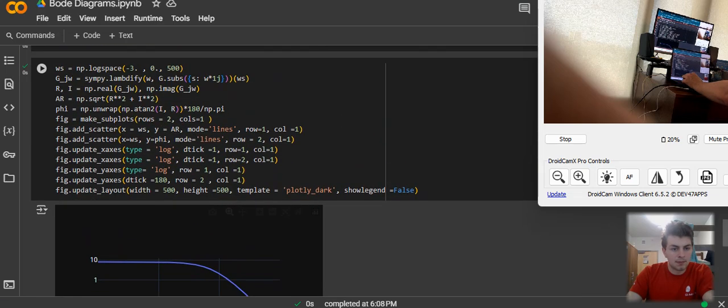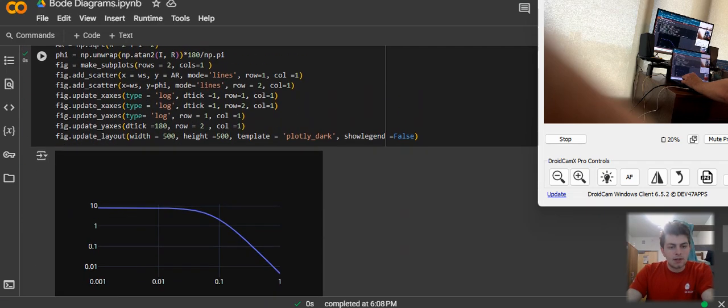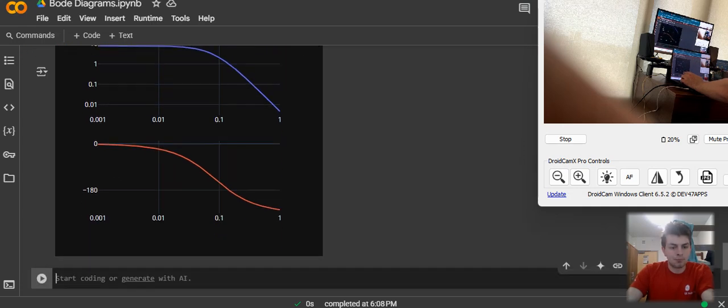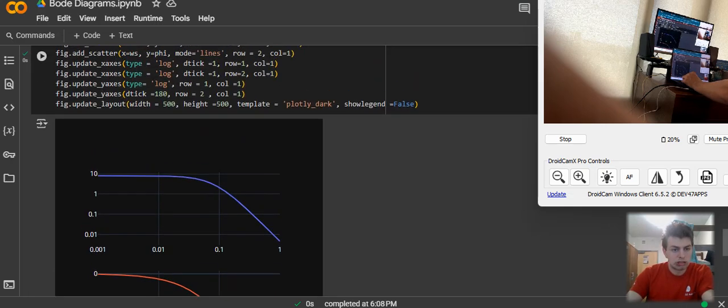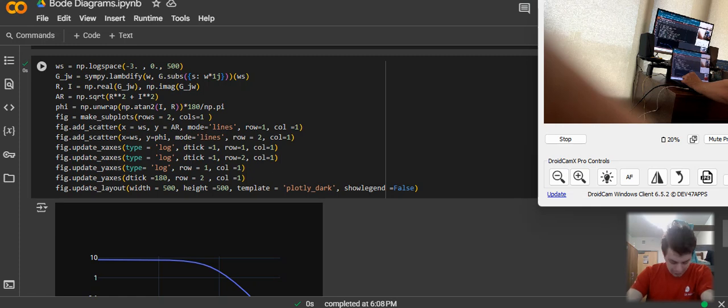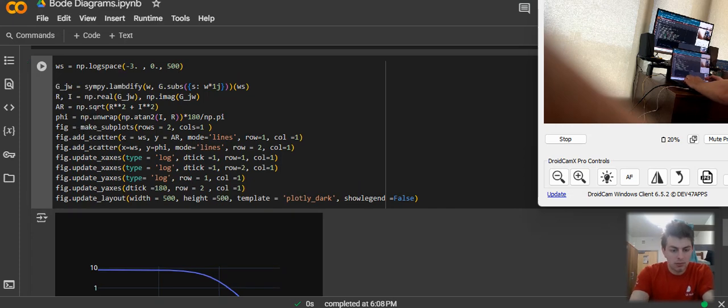Okay. And so that gives us the marginal stability that we're really looking for here. Well, I don't like this. I think I'm missing something.